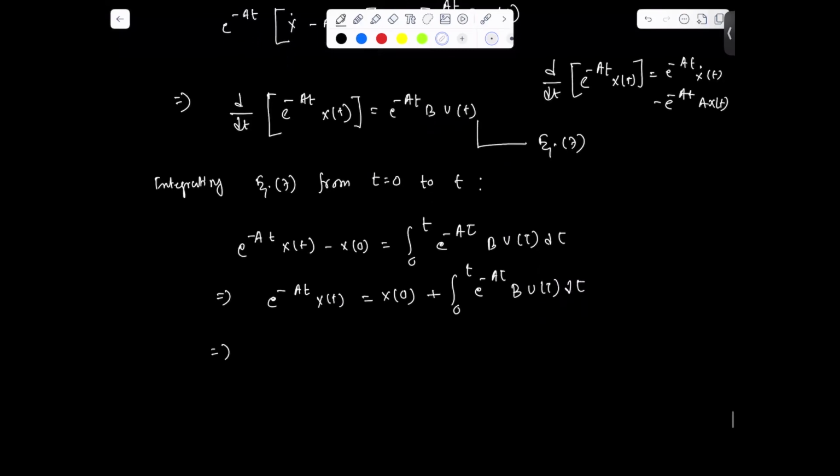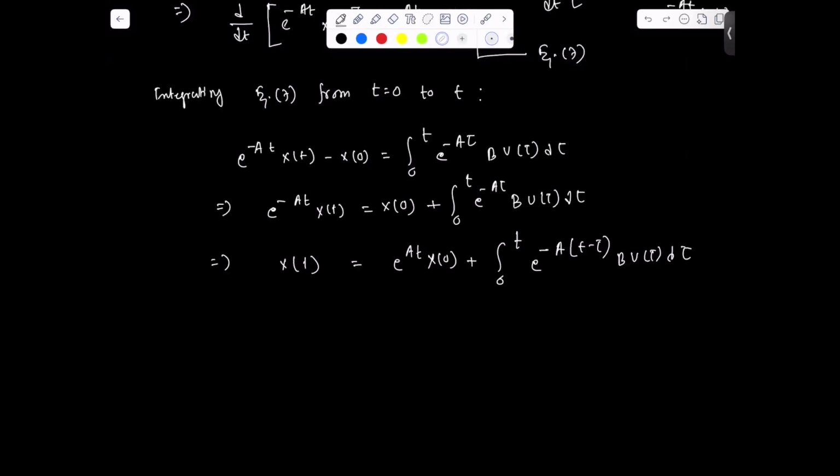Or we can write x of t equal to e to the power At x naught plus the integral from 0 to t of e to the power A (t minus tau) B u of tau d tau.